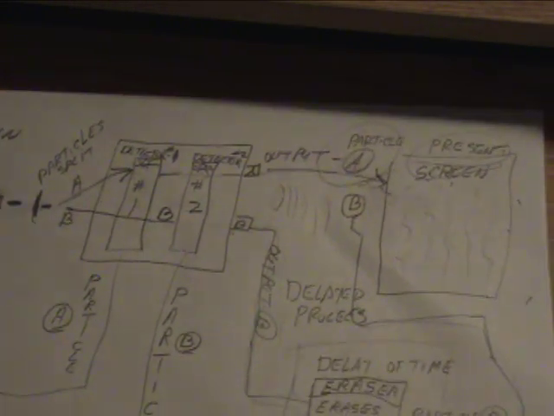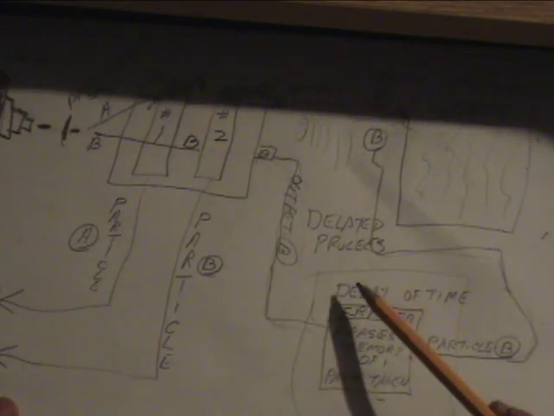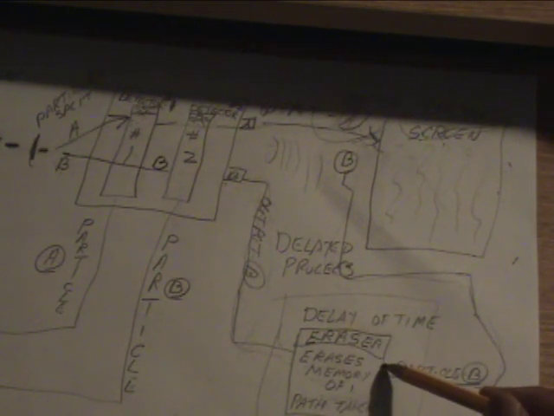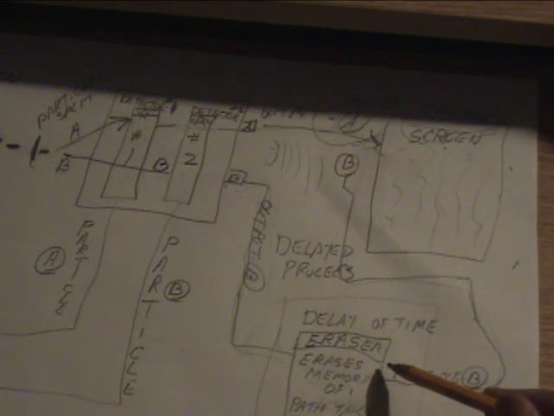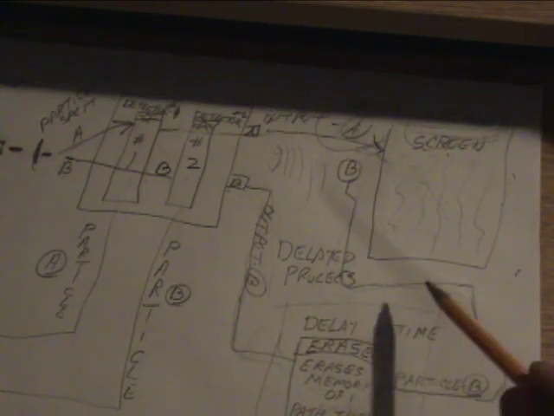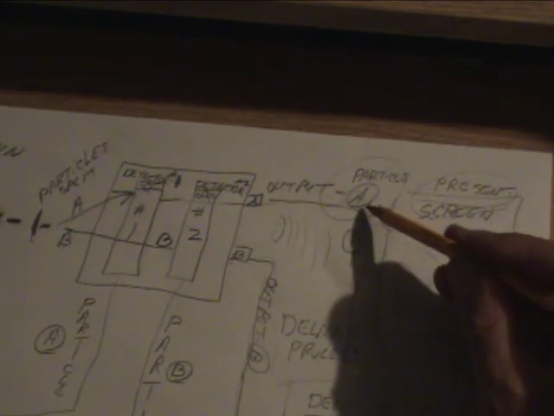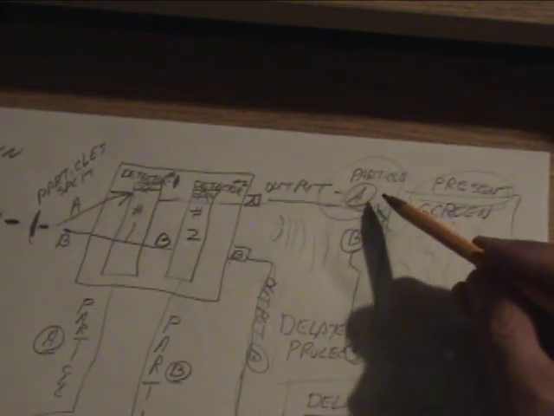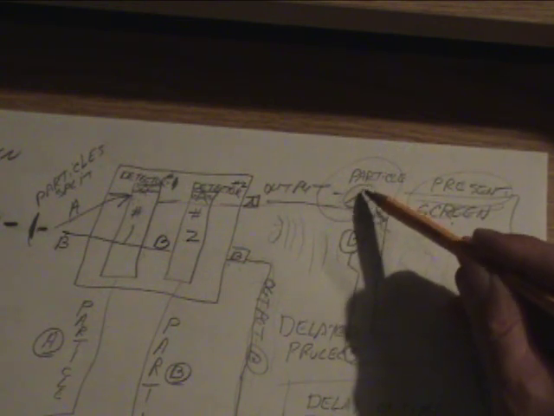After its memory was erased, this delayed process represents the past, because it took time after this one already registered. The delayed process of this particle B was still there.